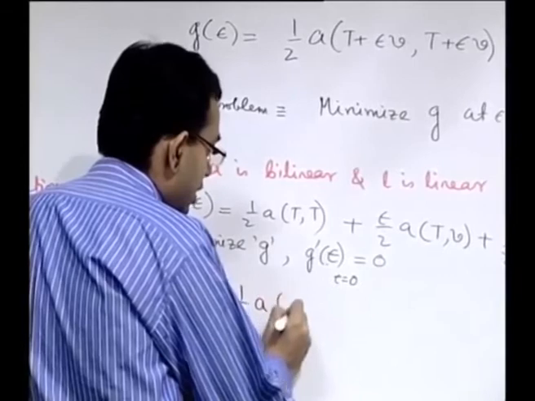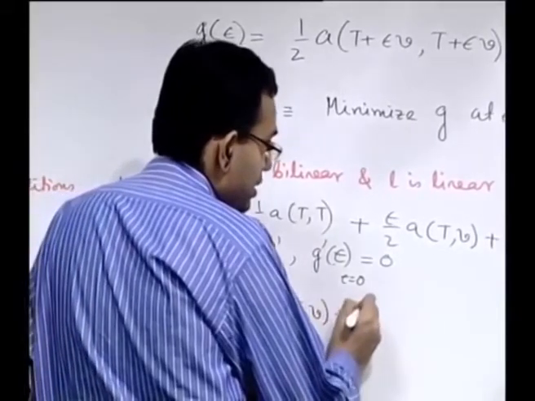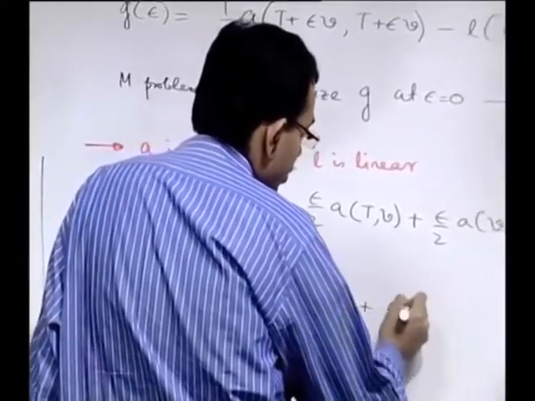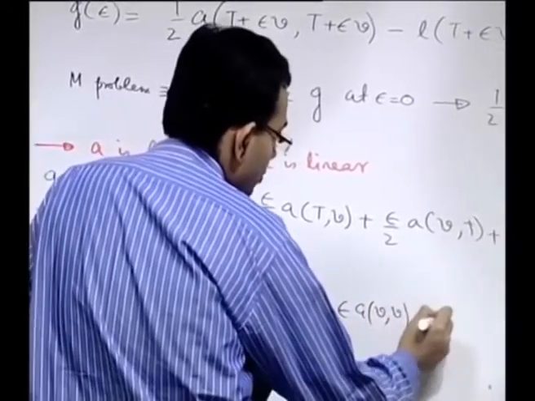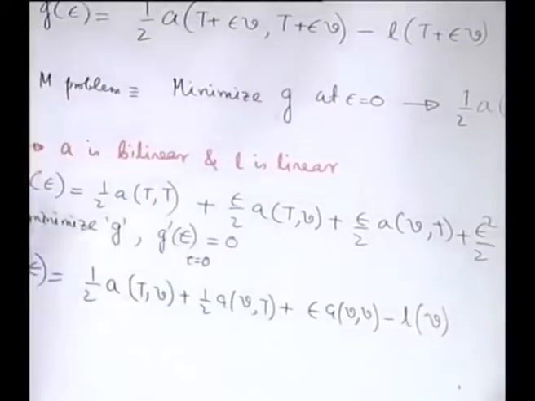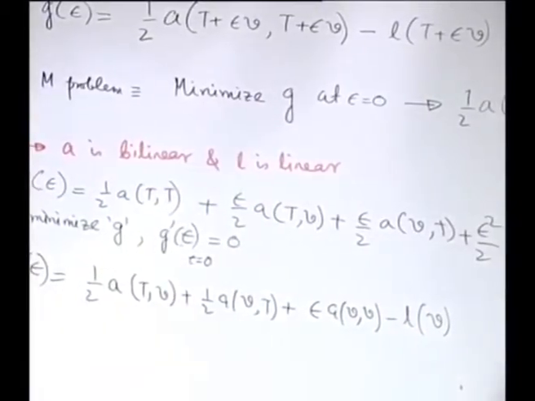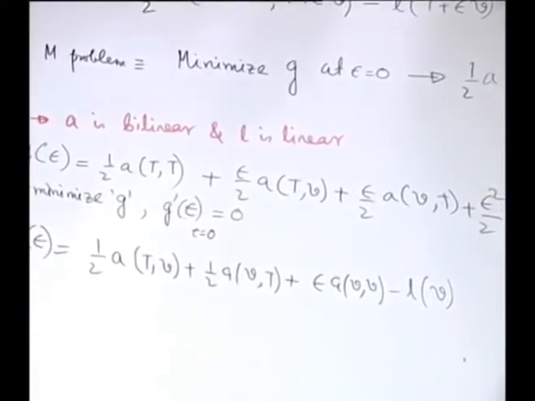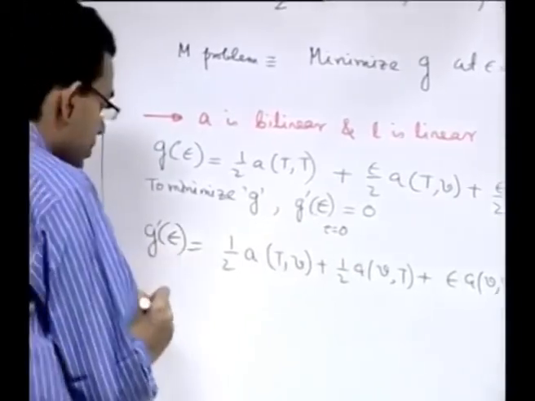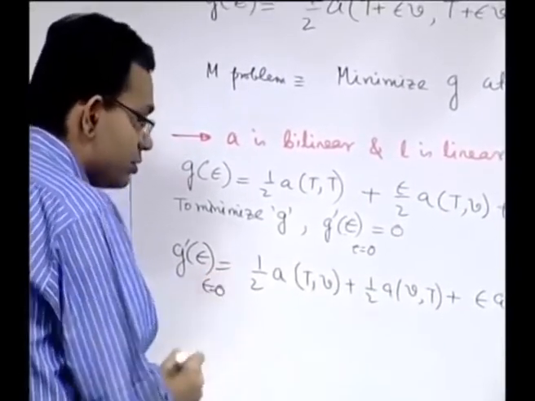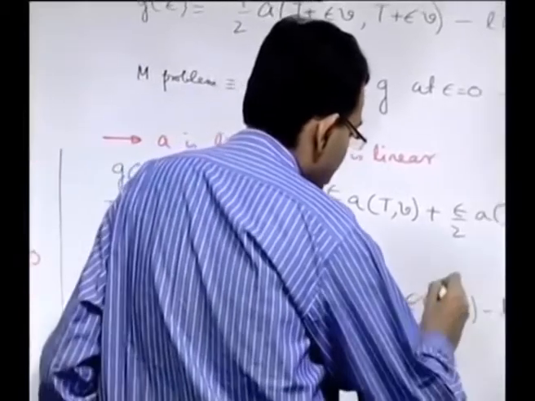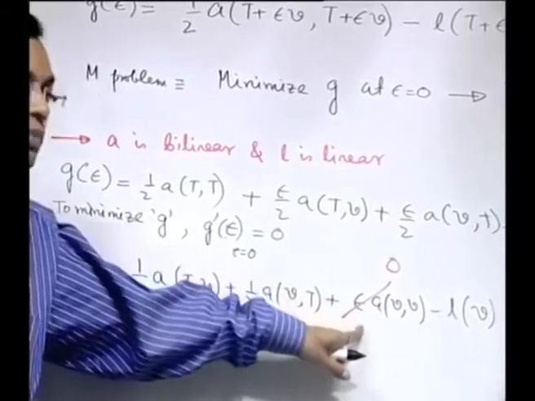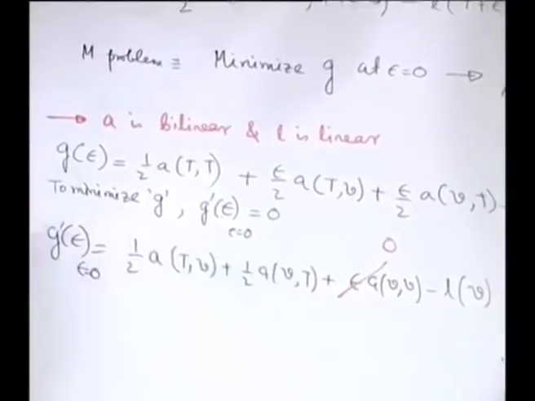Half ATV plus half AVT plus epsilon AVV minus LV. So g dash epsilon at epsilon equal to 0 will have this term go away. At epsilon equal to 0 you can substitute now epsilon equal to 0.